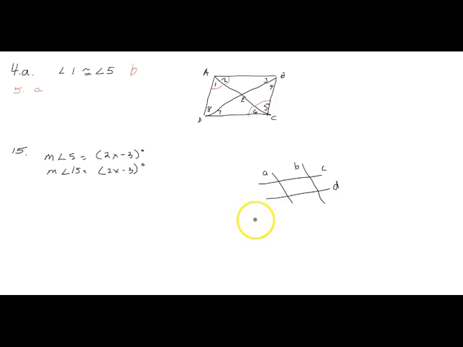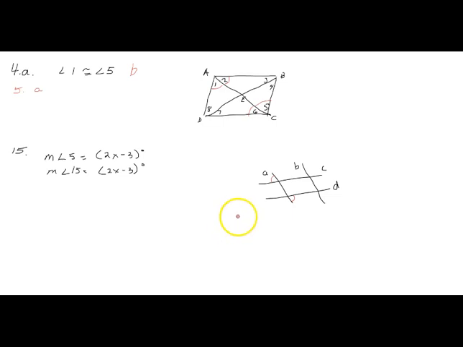In number 15, it asks us to prove which lines are parallel from each given statement. Name the postulate or theorem that justifies your answer. Write none if there's not enough information. So the first angles that we have on this drawing says the measure of angle 5, which was this angle, and the measure of angle 15, which was this angle.